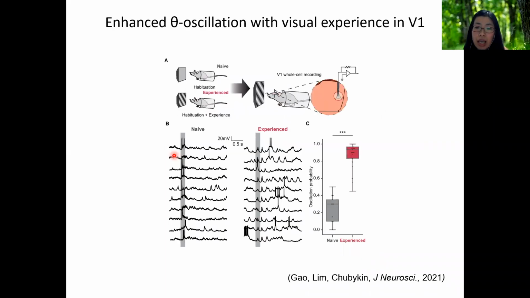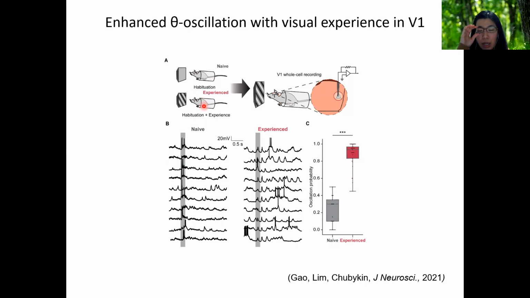So interestingly, not only in this object recognition in the inferior temporal cortex, experiments in rodents show that a similar effect of visual experience was observed in the early visual area. In this study, they compared the visual response of V1 of awake mice, one habituated with the gray screen only, and the other familiarized with the sinusoidal grating via passive viewing.